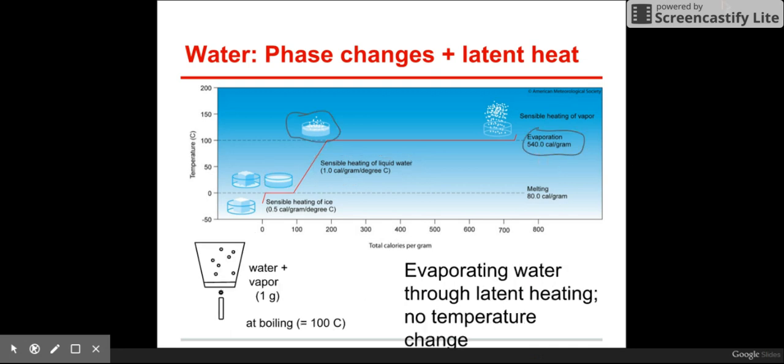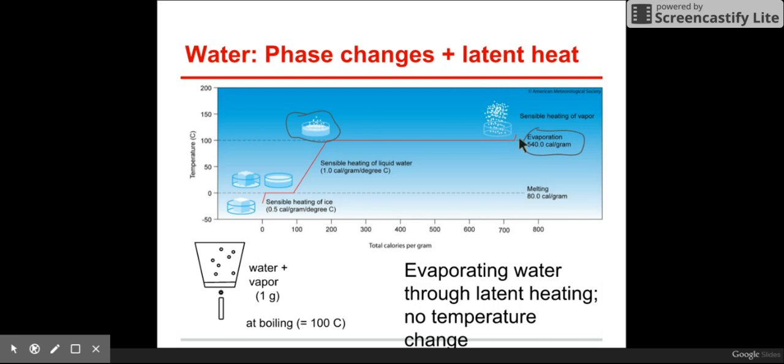So finally, when you get to the boiling point, the liquid water begins to transition into gaseous form. You'll notice as these 540 calories are added to the 1 gram of water, the water gradually transitions into vapor.